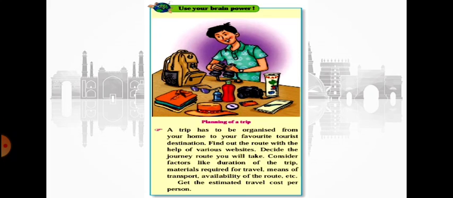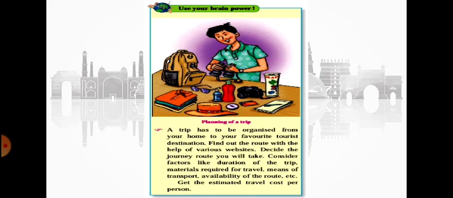Now, this activity can be done by you, my dear Glorians, during your leisure time. Nevertheless, while planning a trip, there are a few steps that each one of us must follow so that we can accomplish a memorable trip for ourselves.